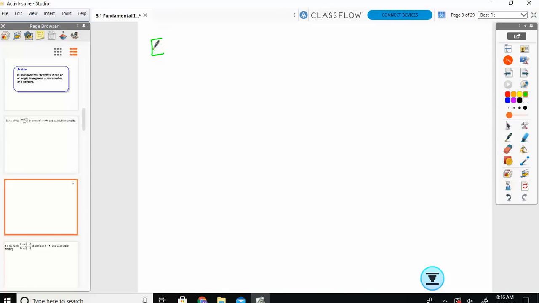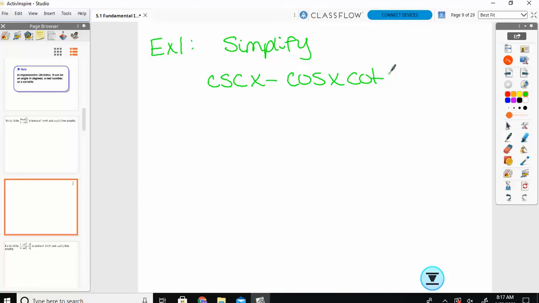Let's start with this one. I want to simplify cosecant x minus cosine x cotangent x.